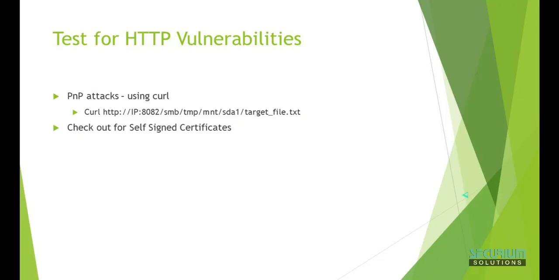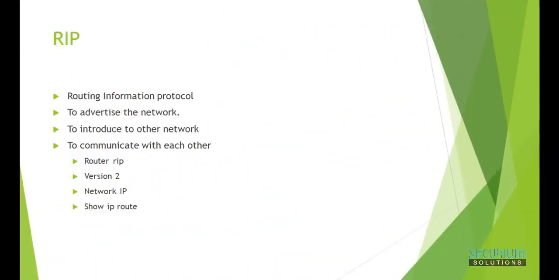Okay, and next we have RIP. Here we come to the part where we need to check the various protocols. We have Routing Information Protocol to advertise the network, to introduce it to the other network. If you have one router and another router, you need to introduce the two routers to each other to communicate with each other. For that we use these commands: router rip, version 2, network IP.